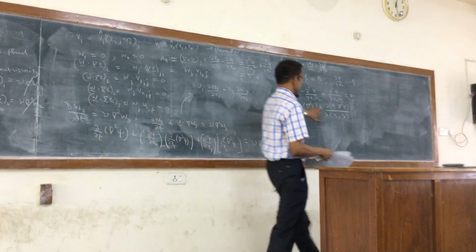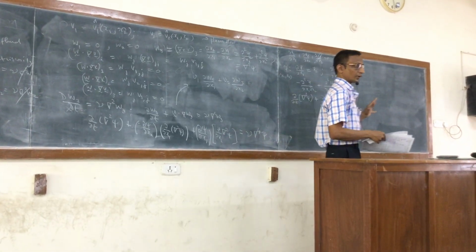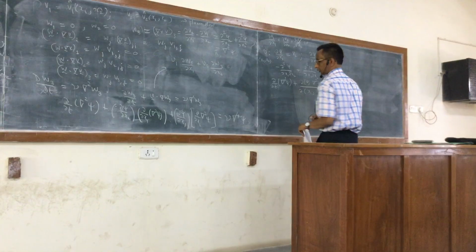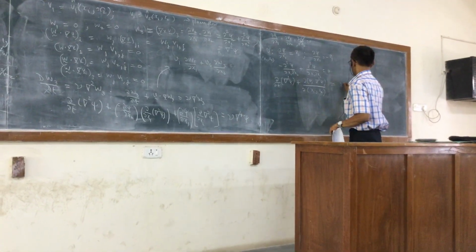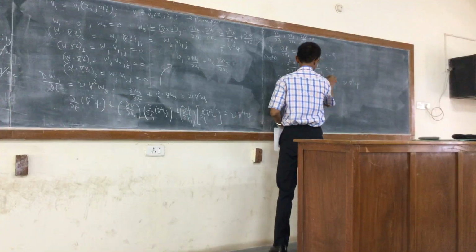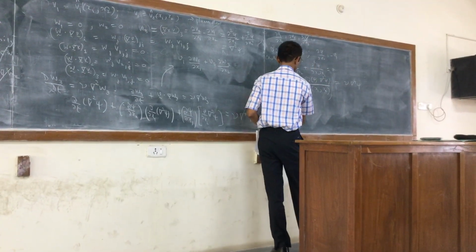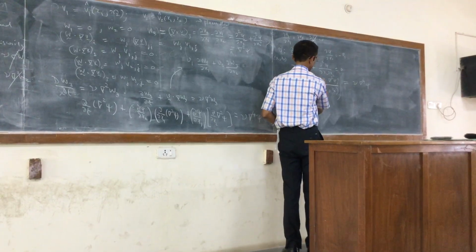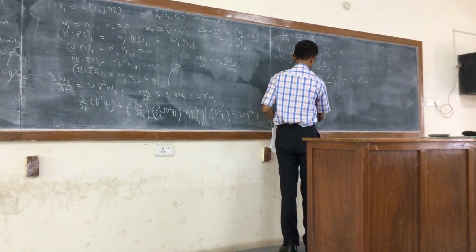When I write like this, some of you might have heard of the Jacobian, especially used in thermodynamics textbooks. So the Jacobian is just a simplified way of writing. This is basically the determinant I take of psi, d psi by dx1, d psi by dx2.